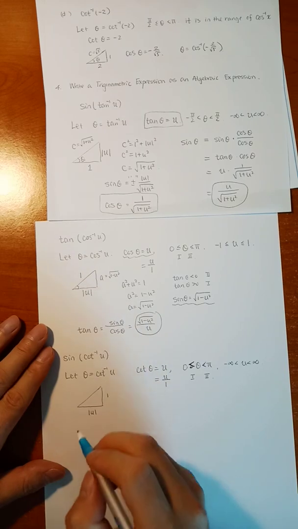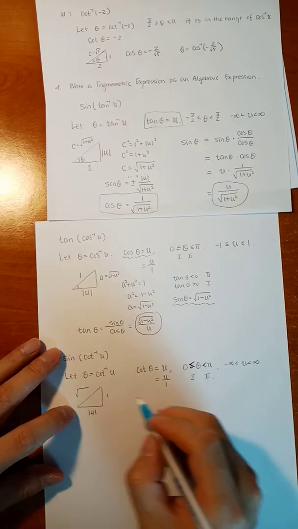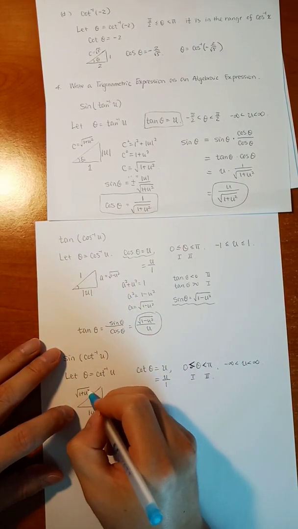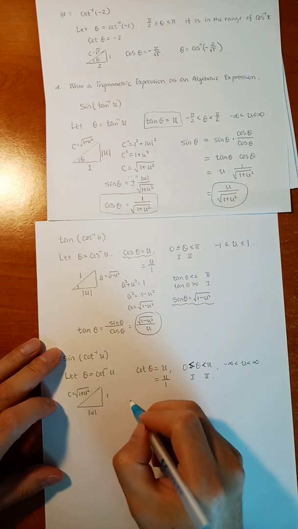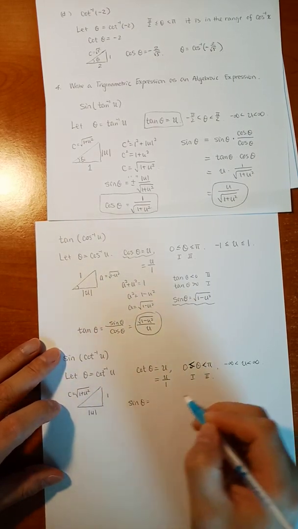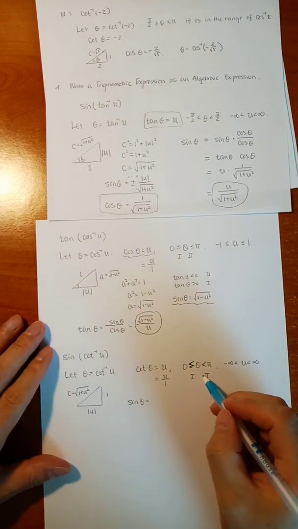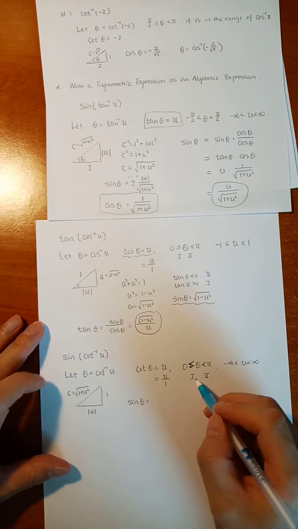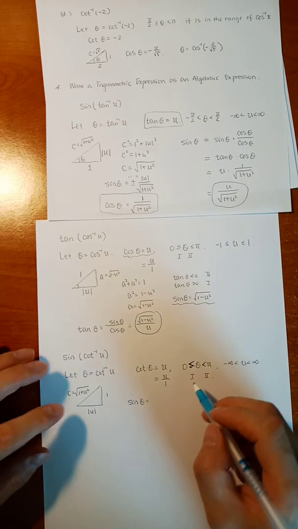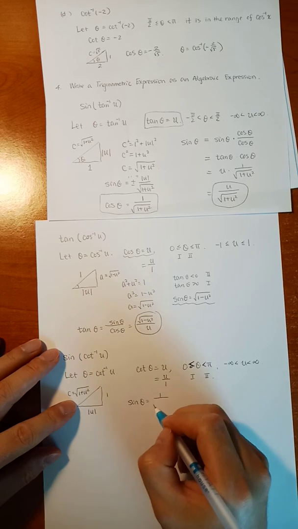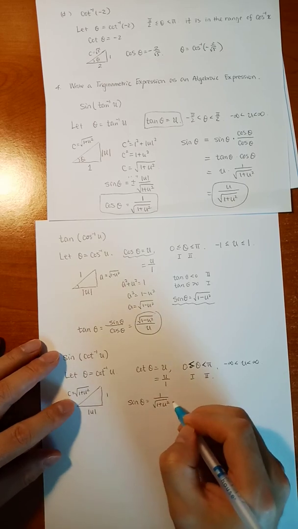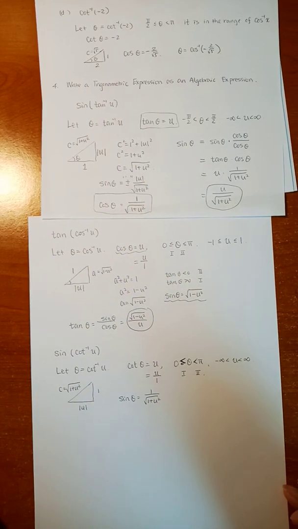Then by the Pythagorean theorem, this is square root of 1 plus u squared. So the sine theta is, well, this problem is good. Everything is solved, right? It's always positive, so you directly use 1 over square root of 1 plus u squared. You don't have to put a plus minus sign. It's a simple problem, right?